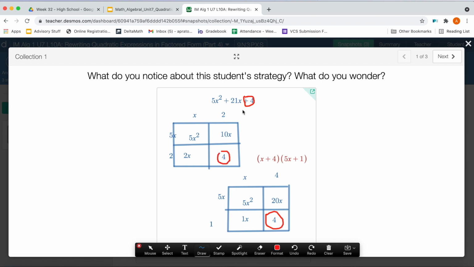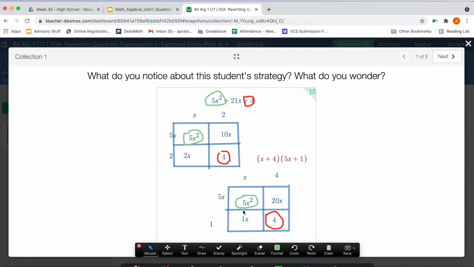We know that that cannot change. And then we also know that the 5x squared cannot change. So no matter what, you can put that into your box, and you can automatically start thinking about the factors of those. So this had to work, or this had to work, or this would not be factorable.